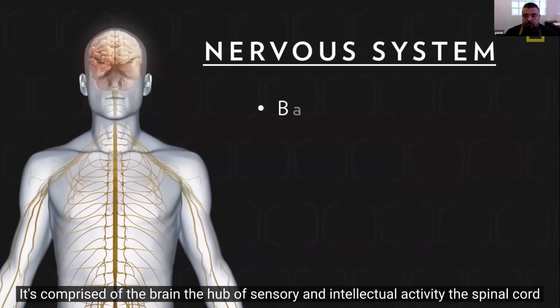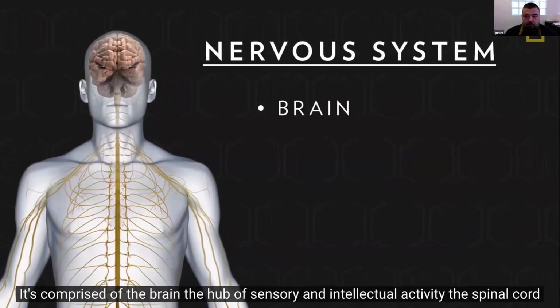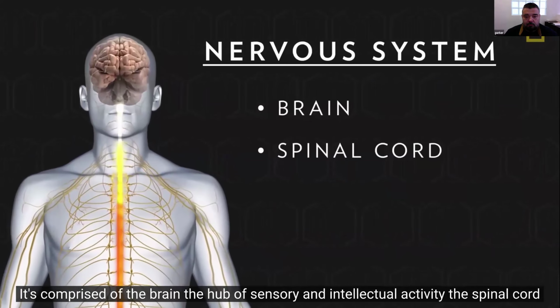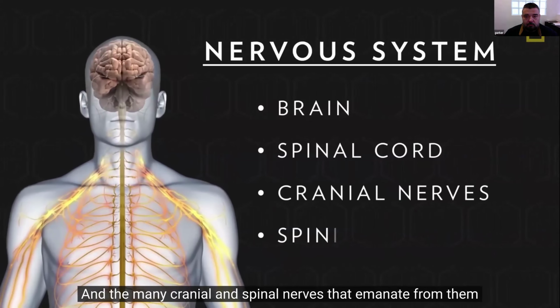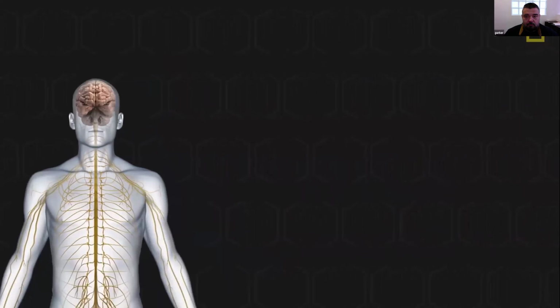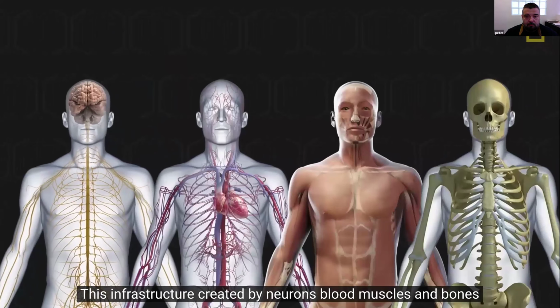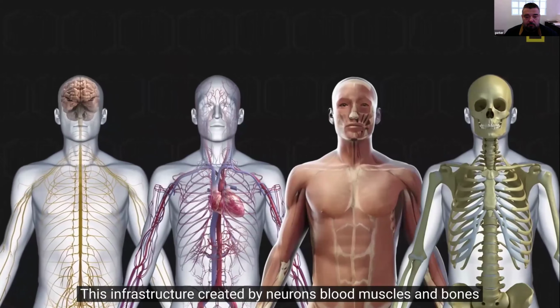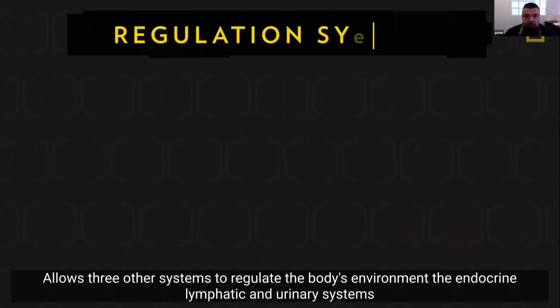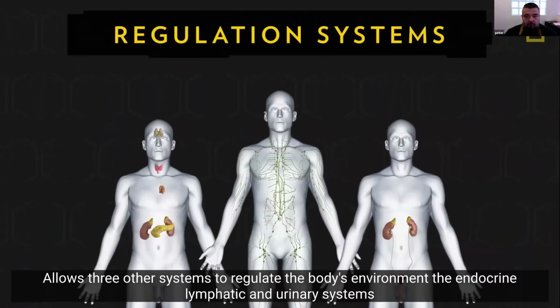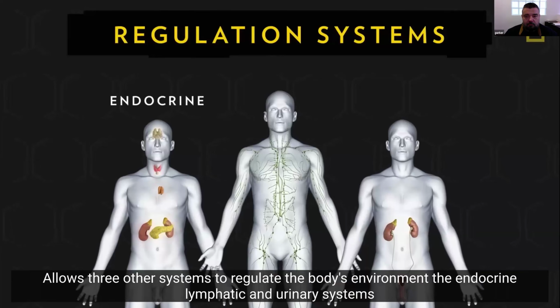It's comprised of the brain, the hub of sensory and intellectual activity, the spinal cord, and the many cranial and spinal nerves that emanate from them.